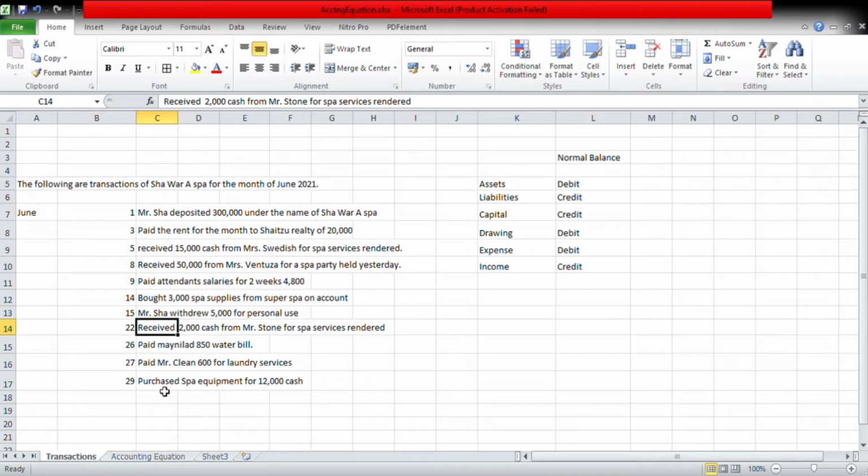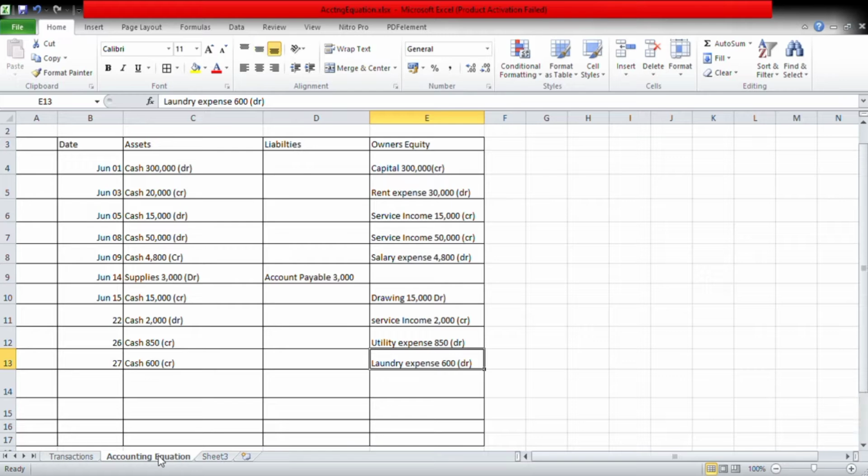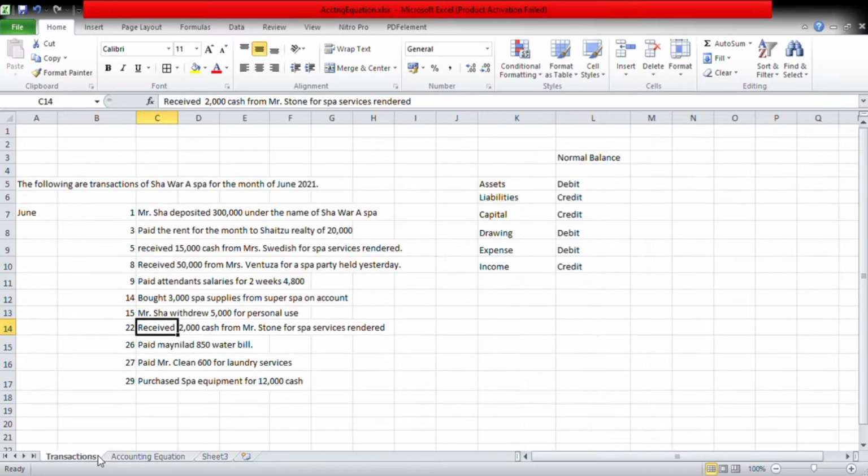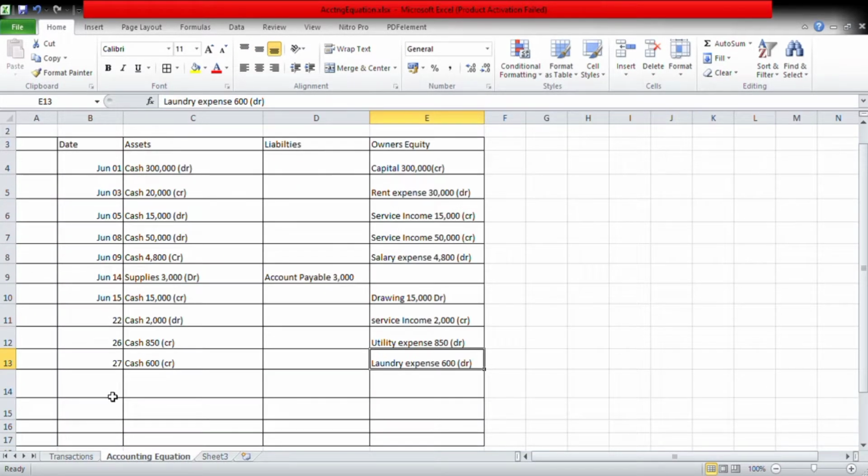June 29, purchase spa equipment. How much? 12,000 cash. So we receive equipment since we bought it. At the same time, please observe what happened to the accounting equation. Nothing happened to the other side of the accounting equation, liabilities and owner's equity.